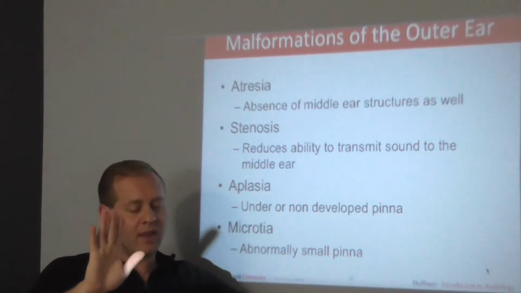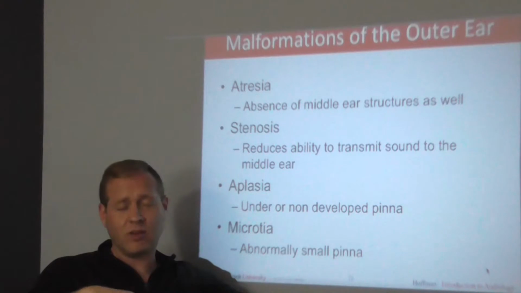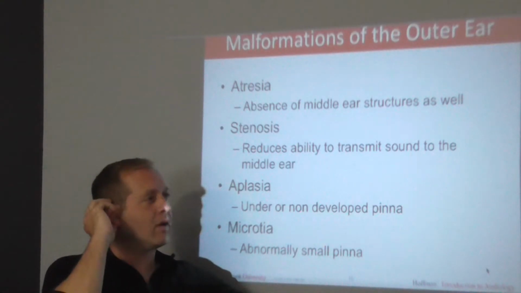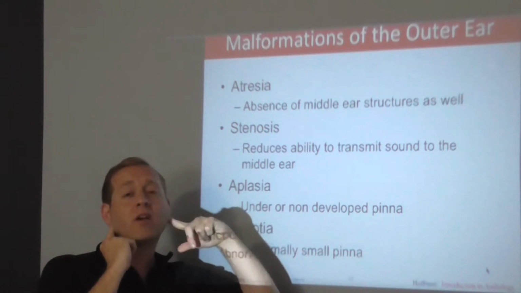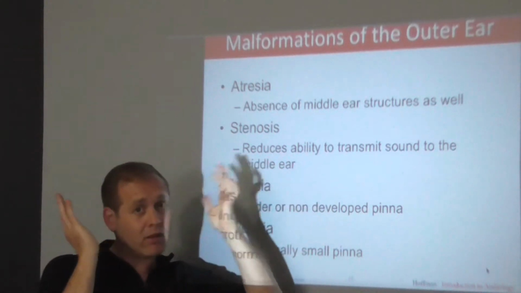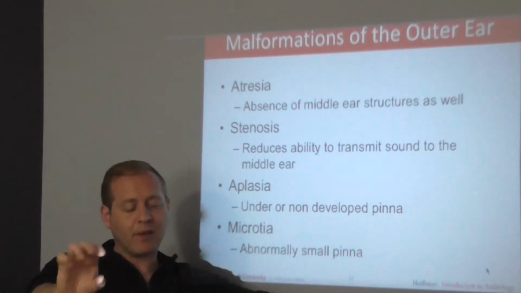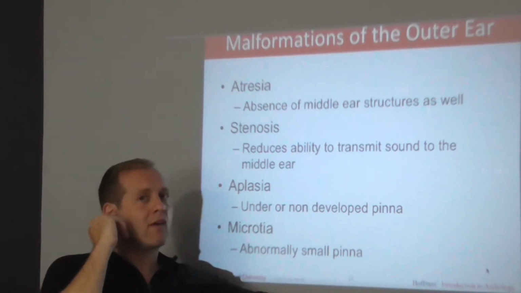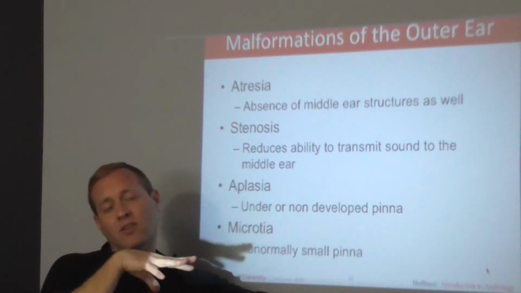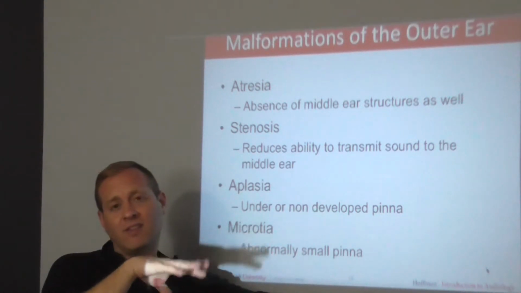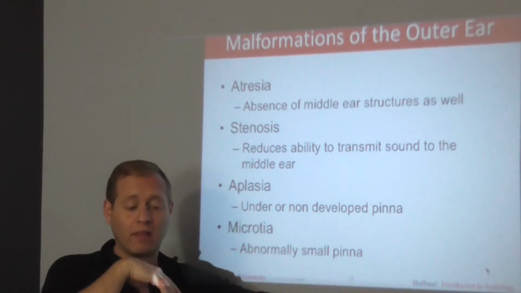A lot of times these malformations, including atresia, are unilateral in nature, so it may affect one ear and not the other. Sometimes it can be bilateral, okay? But atresia, or the absence of the opening for the external ear and or the pinna, often suggests that there's going to be malformations in the middle ear as well.